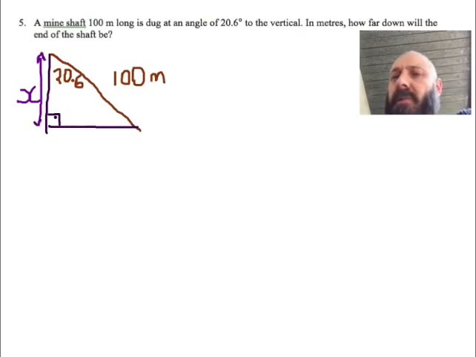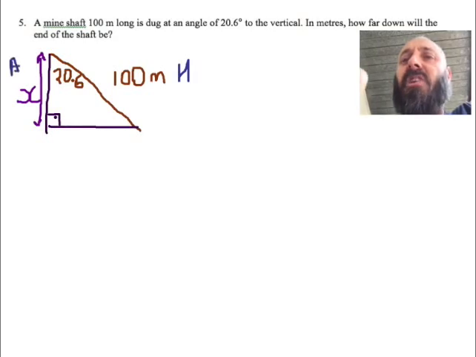Okay, seems reasonable enough. So what information do I have? Well, opposite the right angle, I have the hypotenuse. And if I look at the angle of interest, I have the adjacent.